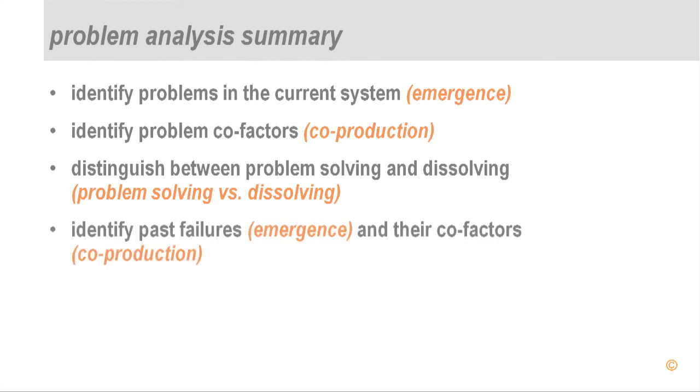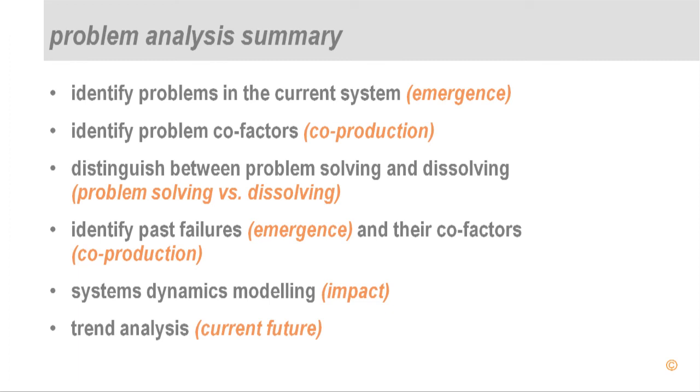Then we asked you to identify some past failures. Those failures again were an emergence from different cofactors, which you also were asked to identify, and that relates to co-production. Then you were asked to draw a systems dynamics model to determine the impact between the problems and problem cofactors and to get a sense of the dynamics of your situation.